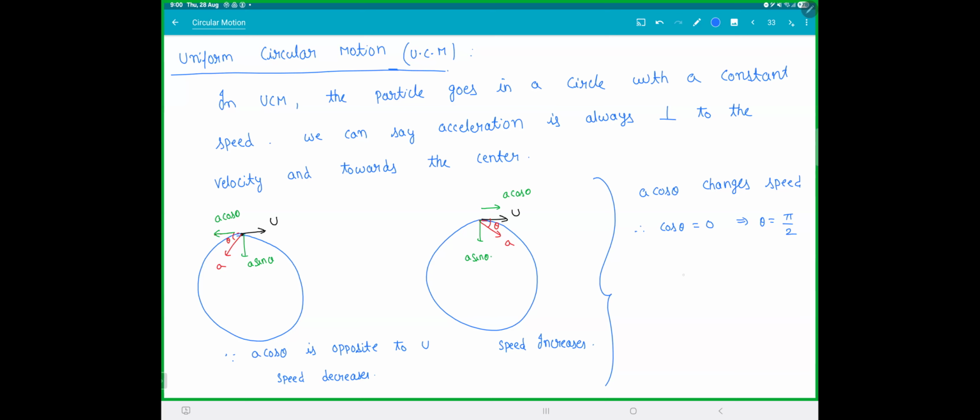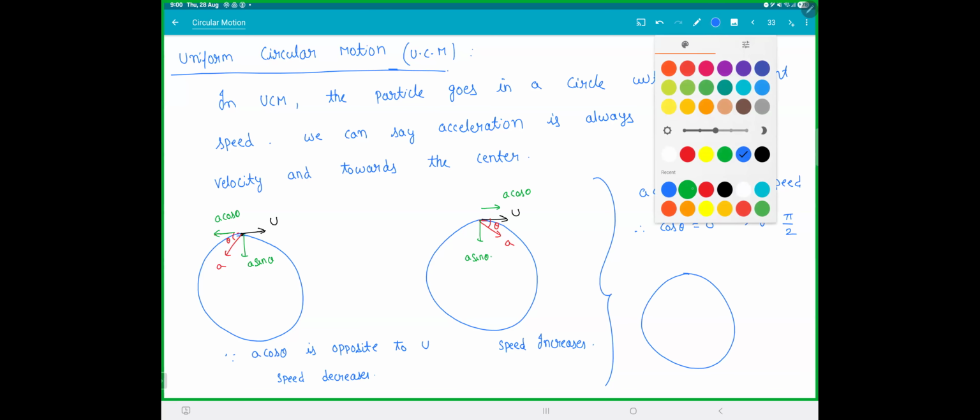So that means when a particle is going in a uniform circular motion, first of all, speed is constant, but the direction of velocity is changing. Since the direction of velocity is changing, there must be an acceleration. Clear with that? Now, what is that acceleration? There are three possibilities: either obtuse angle, acute angle, or 90 degrees. And we showed you if it is obtuse or acute, your speed will change.